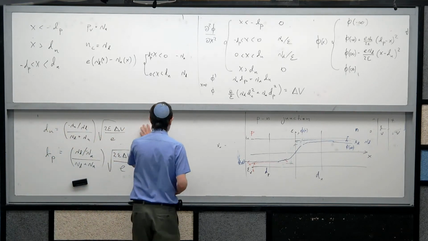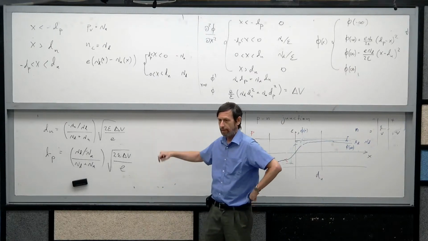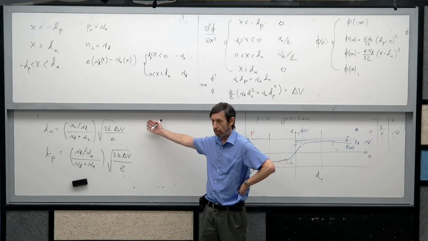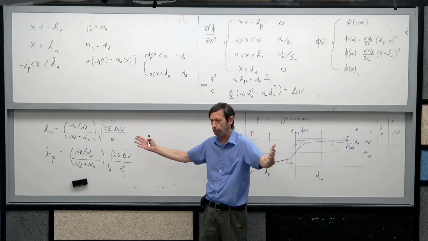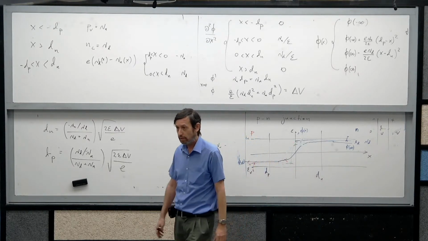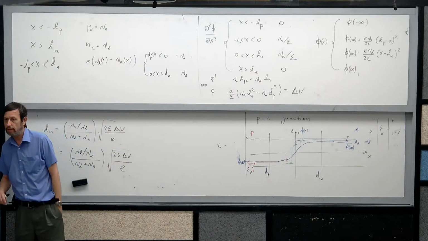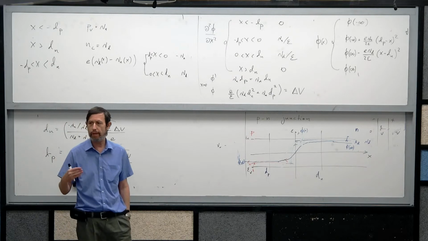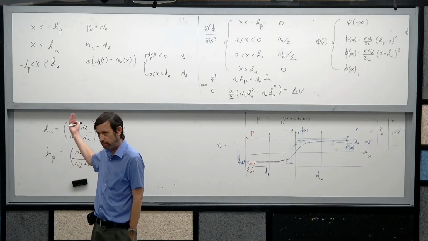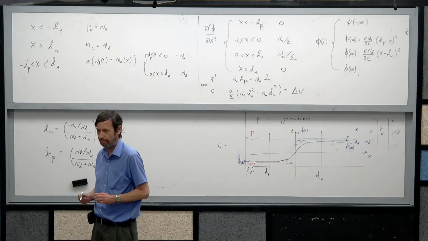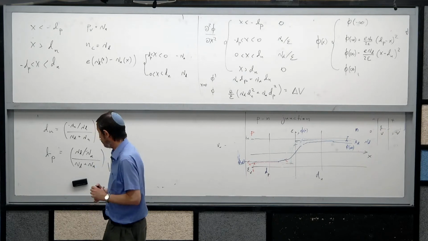In the next lecture on Friday, we will see what it means from the point of view of physics. Is it big, large, small? What is the order of magnitude of these regions? And what does it actually tell me about trying to drive currents through this junction? Okay, so we'll stop here.